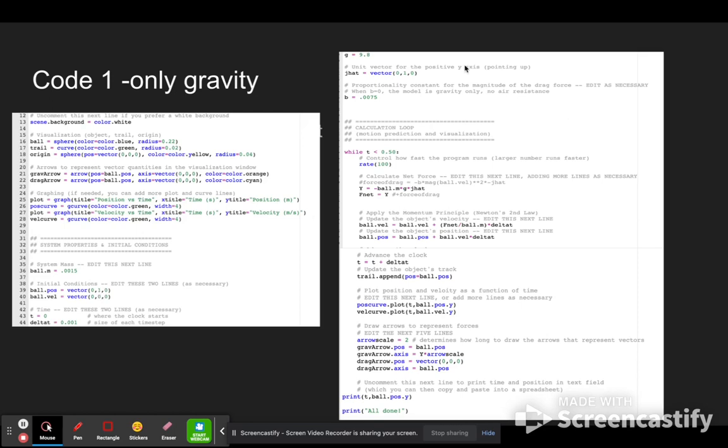And then over here we have that the net force is just gravity. So yes, we have that up here, negative mg. There you go. And then we use the velocity and position update formulas in order to find the position.